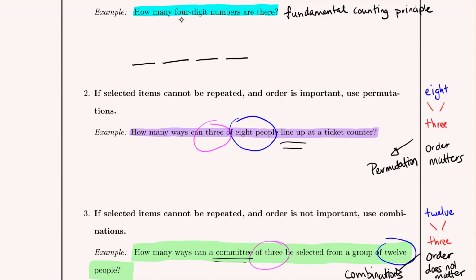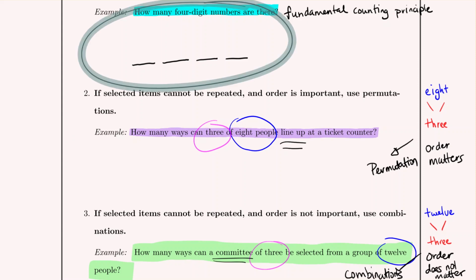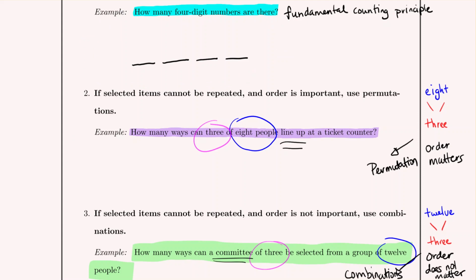Figure out how to do each of those separately, and then multiply them together to get the entire way to do the whole process. This example was the topic of our previous video, whereas examples 2 and 3 are what we're talking about in this video, permutations and combinations. So that's an overview of the different strategies. Let's focus now on the first example.